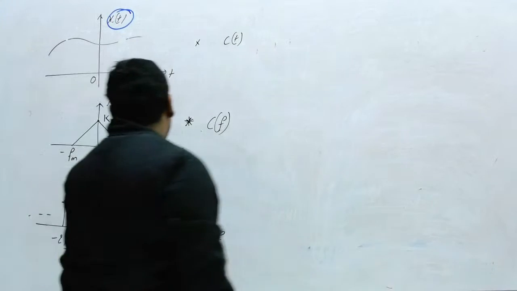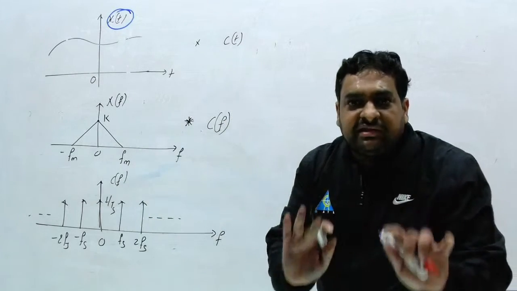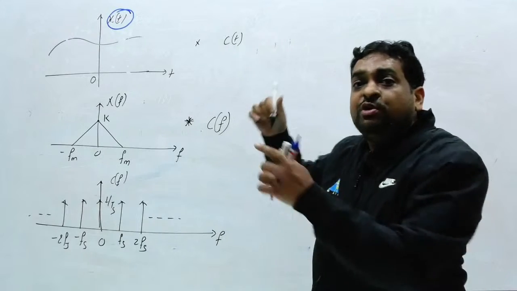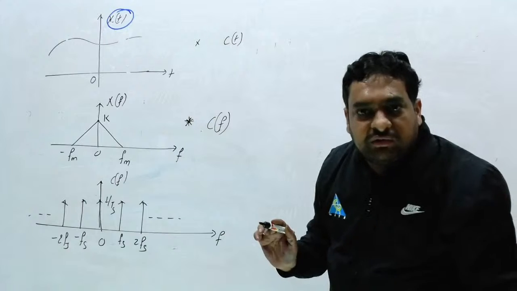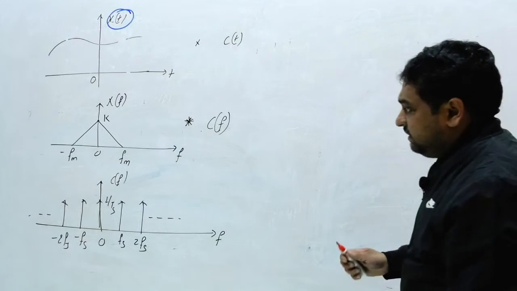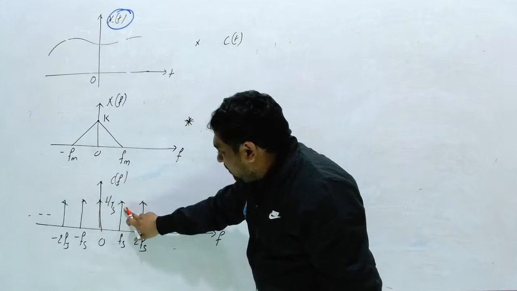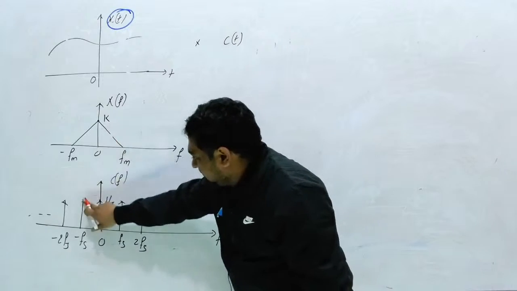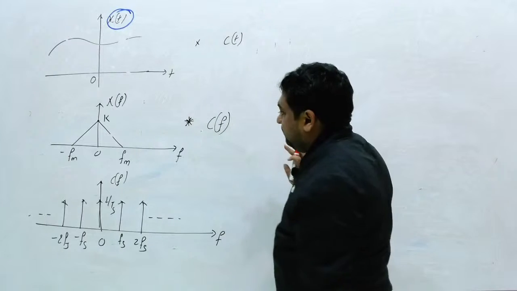Now what will be the convolution of these two? I am not going with mathematical convolution, I am going with graphical convolution, because graphical convolution is easier. So in finite terms you just have to convolve.